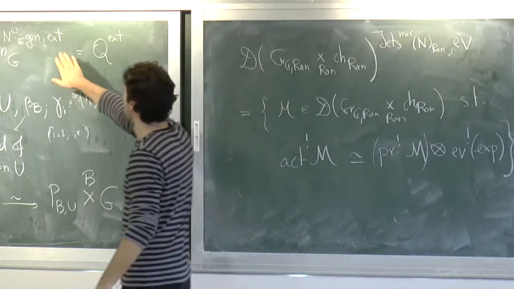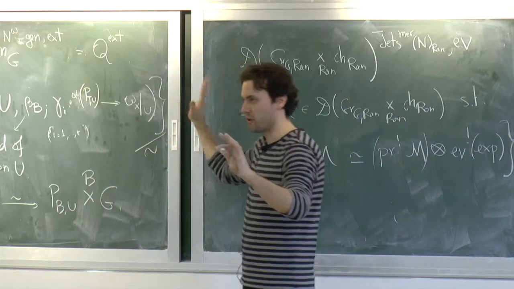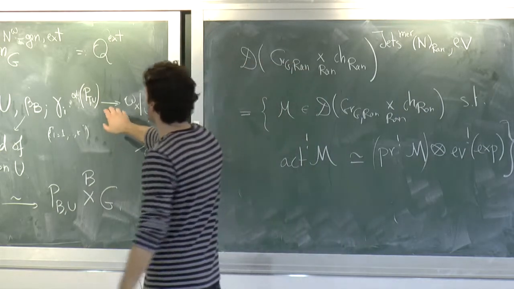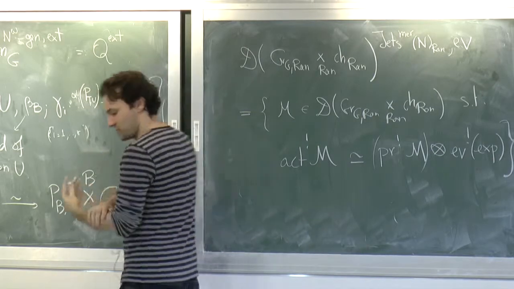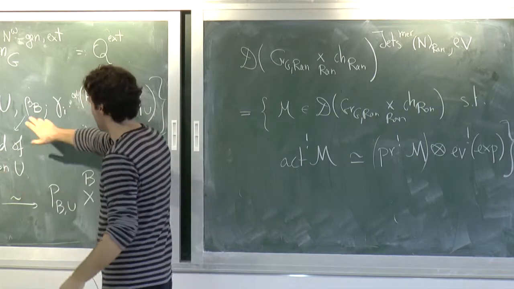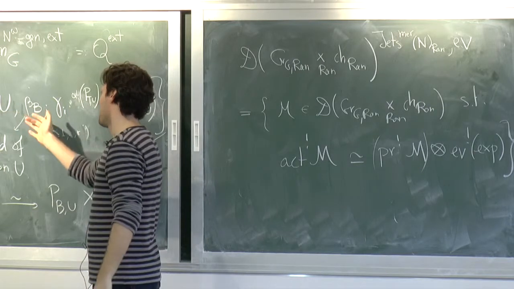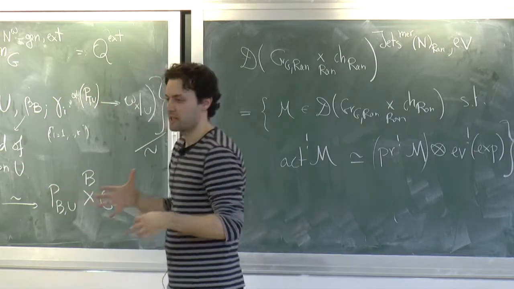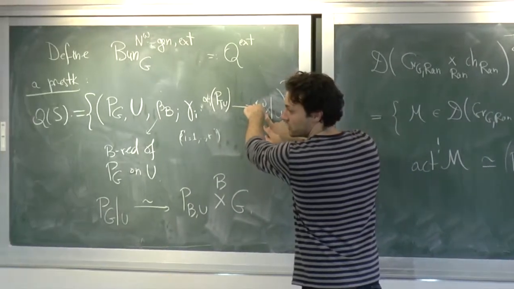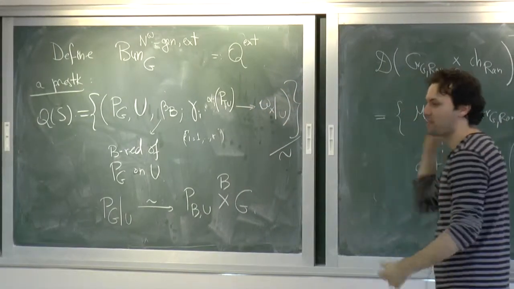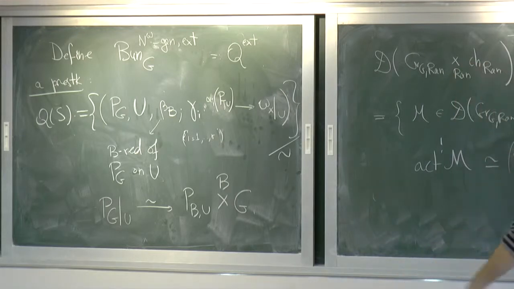Again, the extended part means that these maps are free to go how they want. If they were all isomorphisms, I would have a twisted version of an N bundle. I have a G bundle with a reduction on U to an N bundle, except it's not an N bundle. An N bundle would be if here I had O, here I just have omega, which comes from the fact that I need to do evaluations.